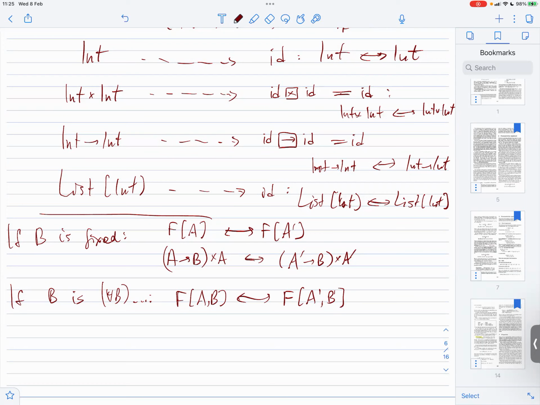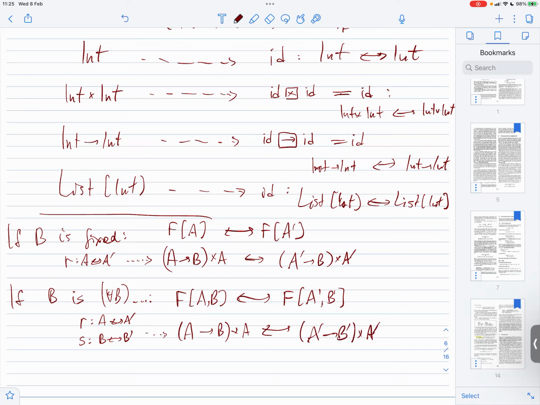And so you would have a relation R here between A and A prime, and from that R you would lift to a relation like this. And here you would have a relation R between A and A prime, and a relation S between B and B prime, and you would lift both of them at the same time to this type constructor to get a relation between A to B, A prime to B prime.